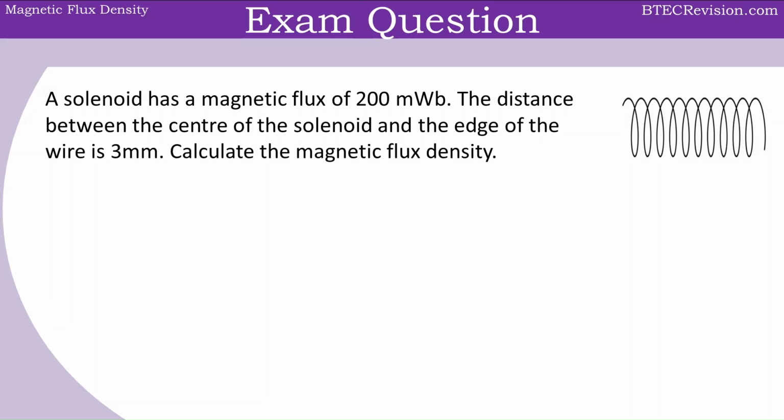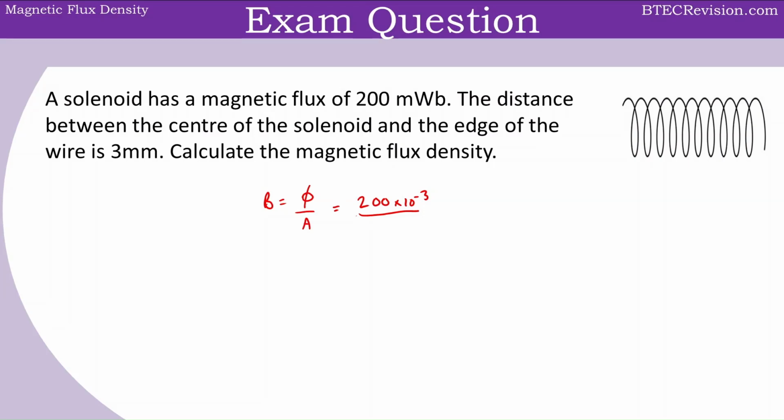We can start by writing down our equation. B equals phi over A. We know phi is 200 milli, which is times 10 to the power of minus 3, divided by the area. But we don't have the area, we have 3 millimeters.